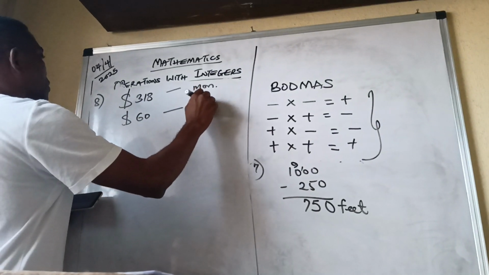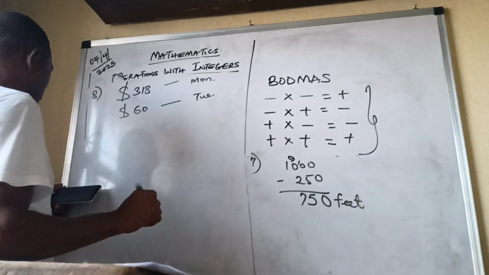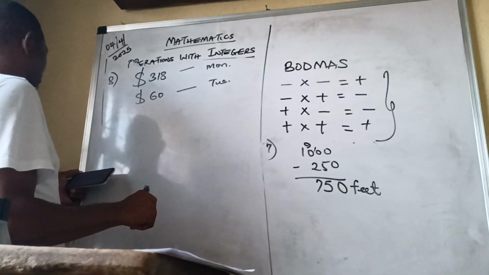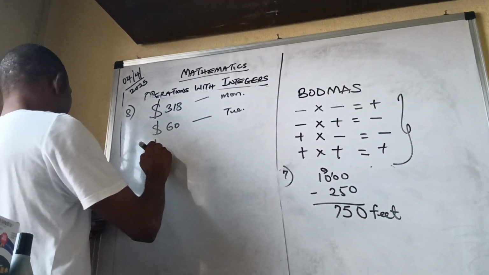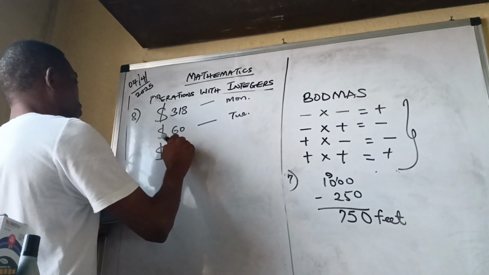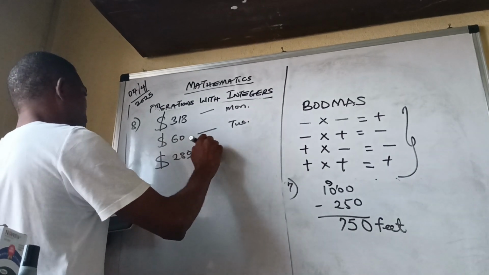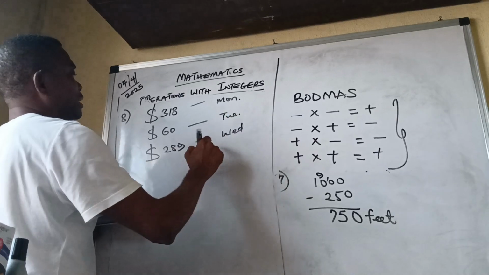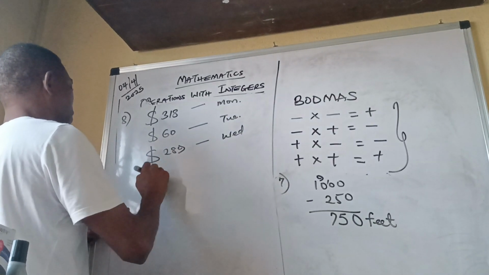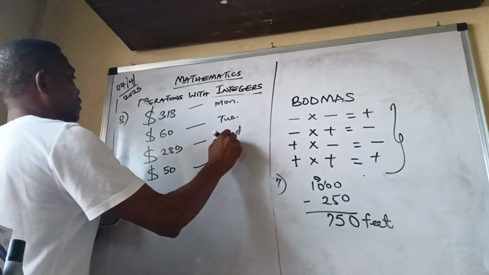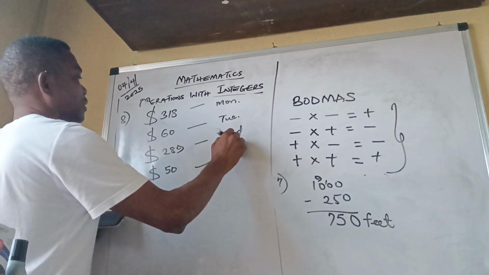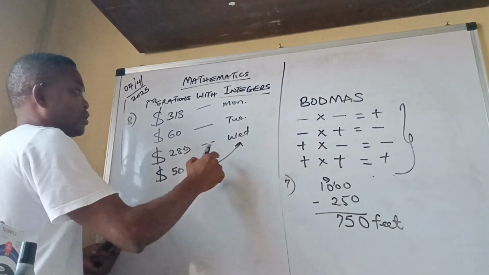On Wednesday, she deposited $289. And still on this same Wednesday, she made a purchase of $50. She had these two transactions on Wednesday.